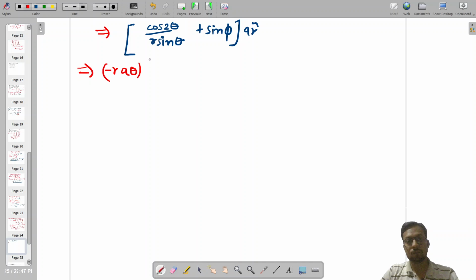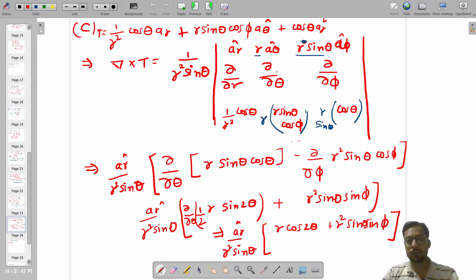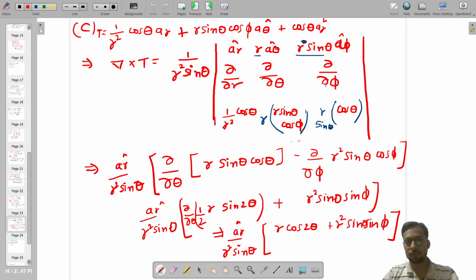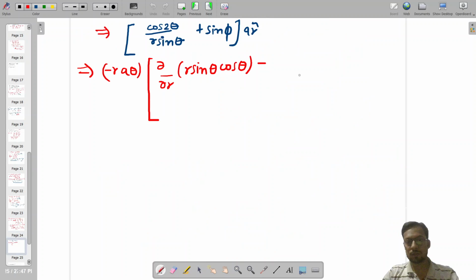Now expanding this, I have written the scaling factor, now we expand del upon del r sine theta cos theta, minus del upon del phi 1 upon r square cos theta.